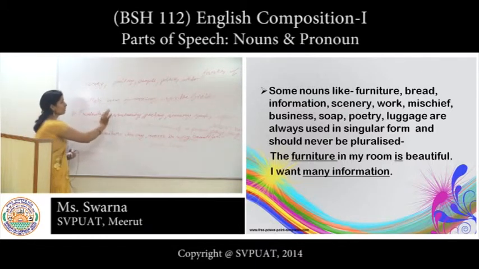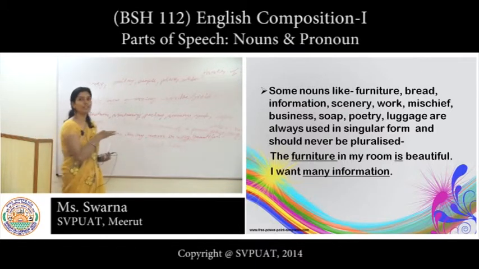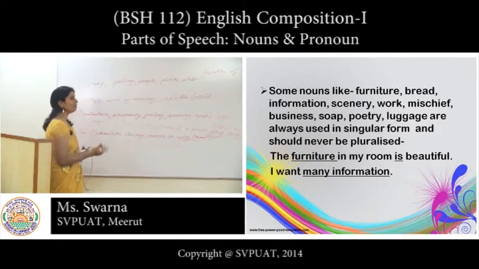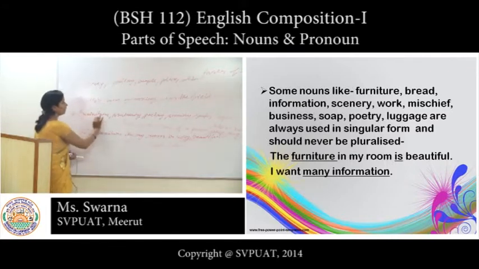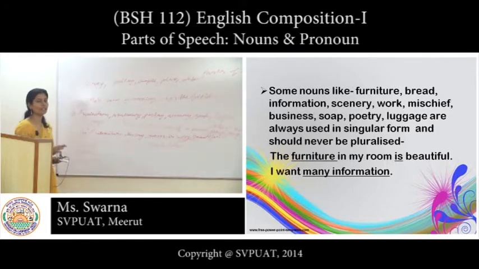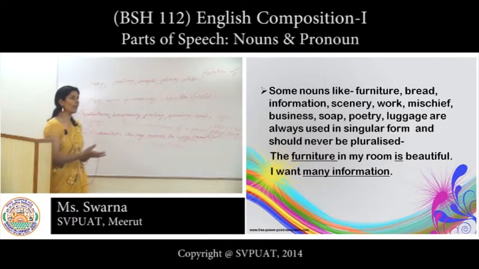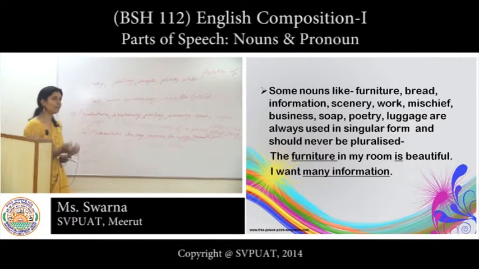We can't use s or es with these words. If we want to use these words in a sentence, then we only write the word, and don't use s or es. If we want to pluralize these words, then we have to add some words with them.